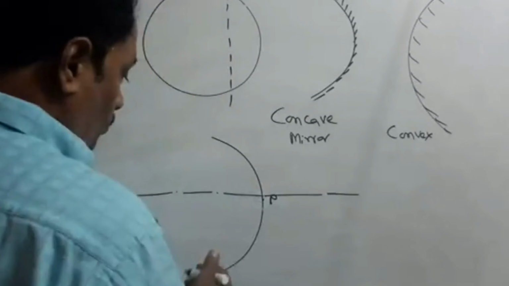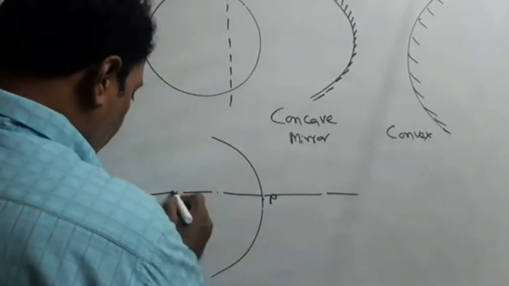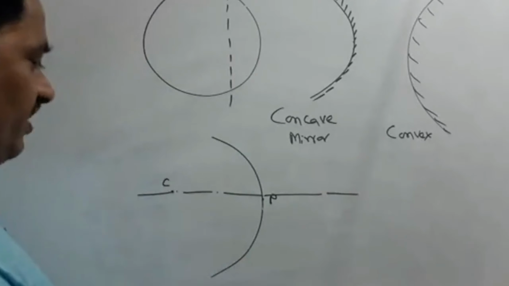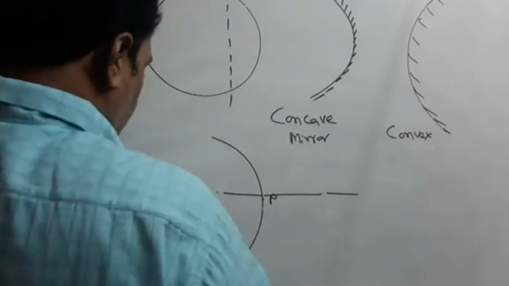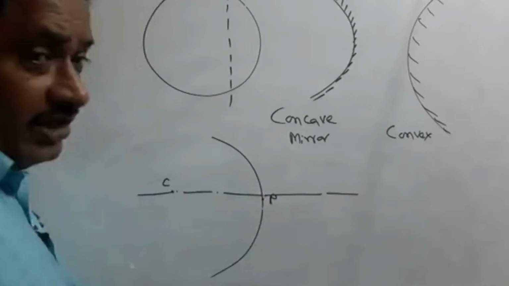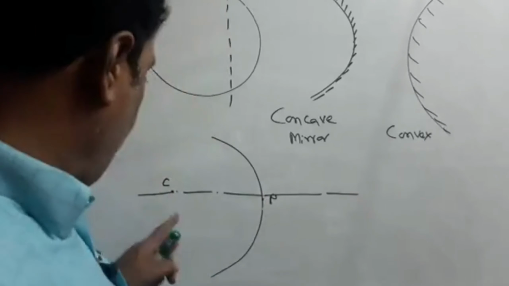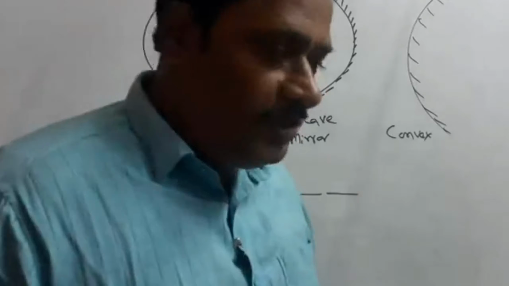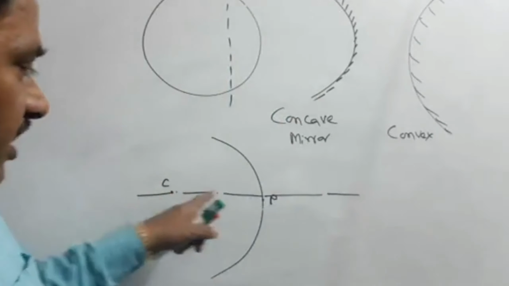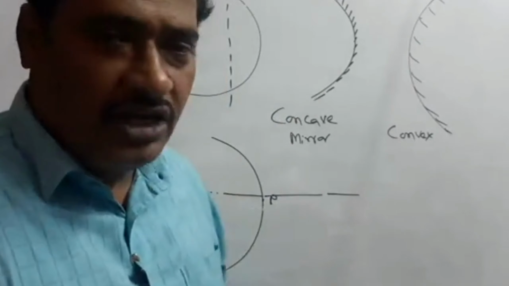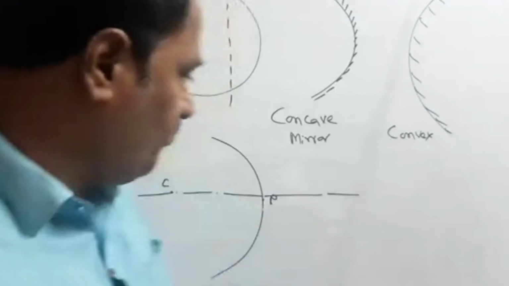Upon that, you may consider, for example, this is C, the center of curvature. That means from here to here, this is the radius of curvature. C to point P, that is the radius of curvature.